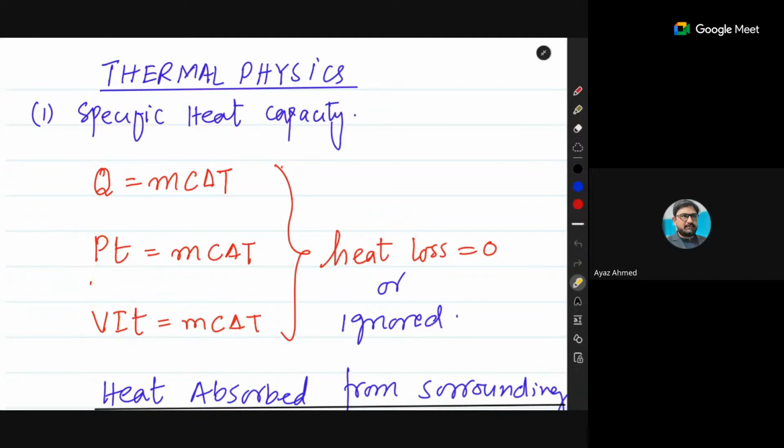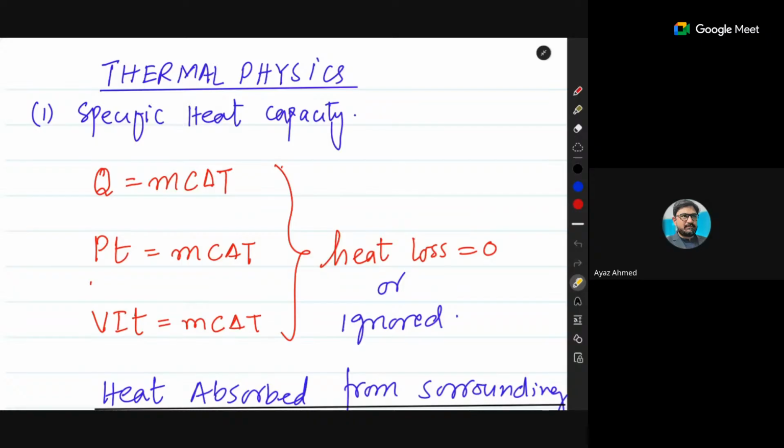This is just some revision, I'm not getting into detail of all this. So VI was basically the electric power when you were using the electric heater. At that time we definitely had voltage and current on that heater.